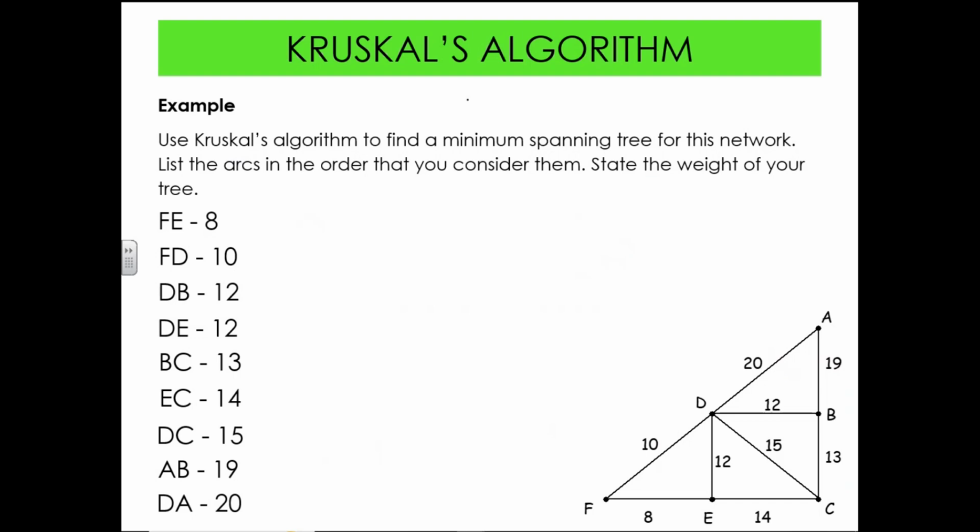What I would recommend is that you list the arcs in the order that you consider them, so list them as you put them on. I would also be drawing it as you go along, either tracing along the existing one or drawing a new one, just so you can see which ones form cycles. And then state the weight of your tree. You're just going to add them up at the end. So the first one we're going to add on, if you want to jot some nodes in your pack so you can draw that.